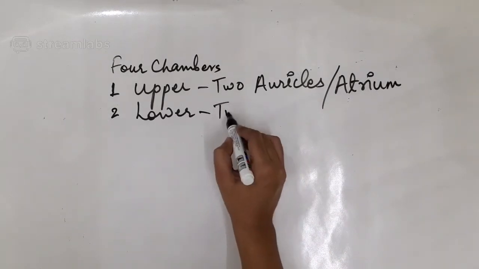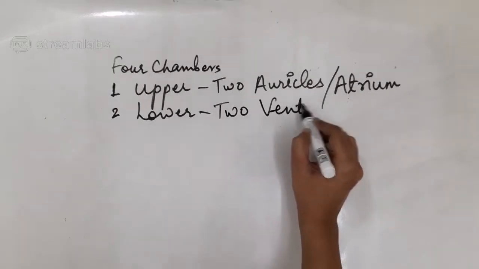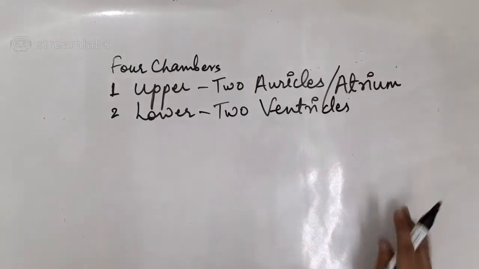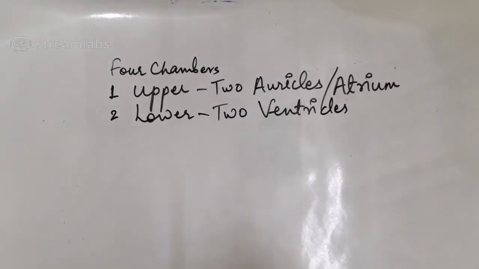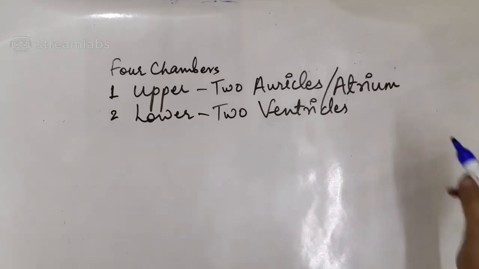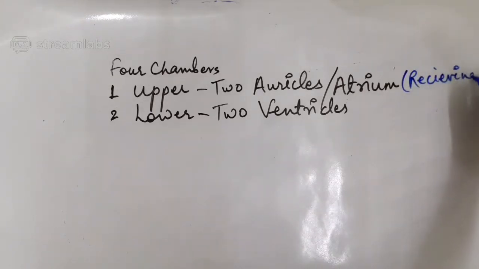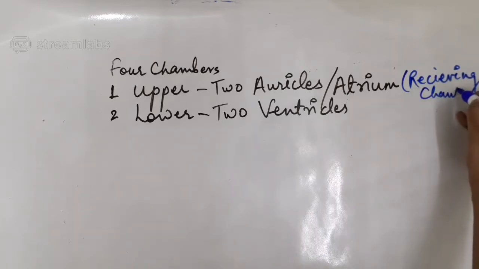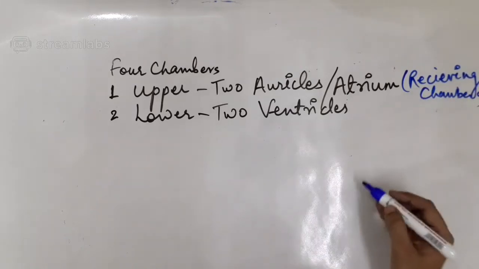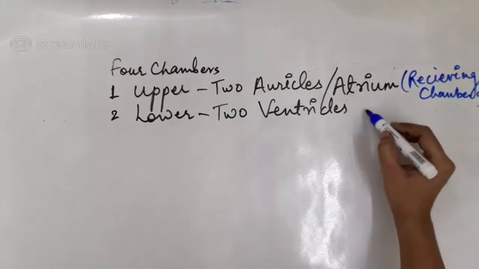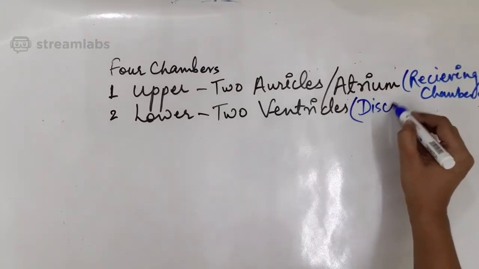The lower two chambers are known as ventricles. The upper two auricles are known as the receiving chambers, and the lower two are discharging chambers.